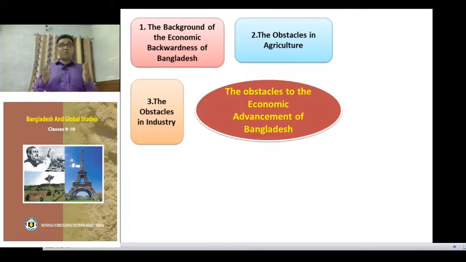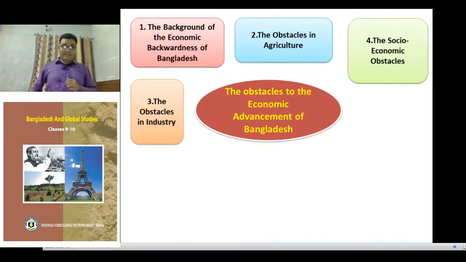Now we are a developing country and we are trying to give much emphasis on the industrial sector. But in our industrial sector, there are many problems like the lack of economic infrastructure, lack of loans from the banks, and political instability, etc. So these are the obstacles in our industrial sector.